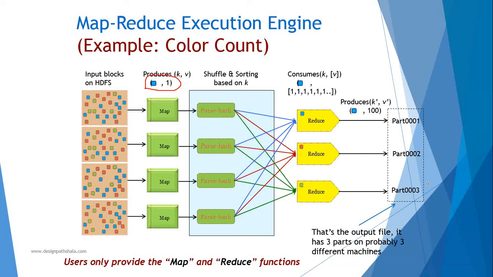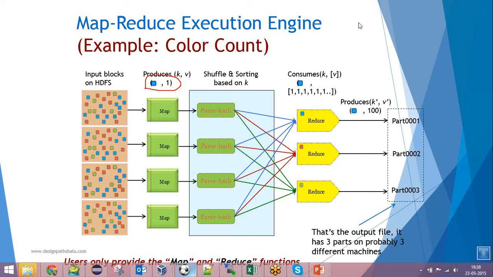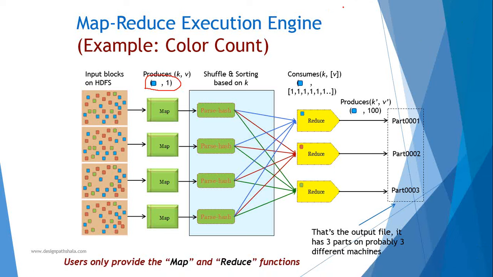This is Sally. I can explain it. Sure, go ahead. So we have our different input blocks on the HDFS. We write the map and the reduce. The mapping is going to take all of the blues, and the key is blue. The value is 1. So for each blue that we have, we'll have a key of blue and a value of 1.